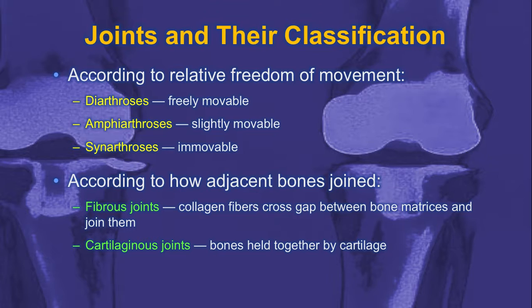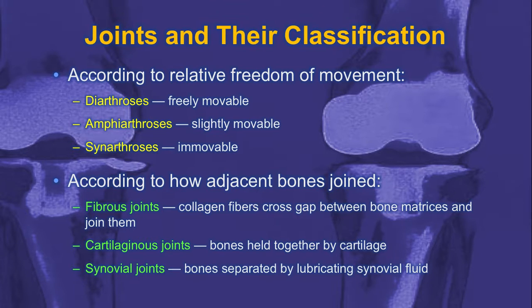Cartilaginous joints are held together by cartilage, and synovial joints have a synovial fluid, and a synovial cavity. Okay, so these are pretty straightforward, right? Their definitions match what they're called. Just to point out, the fibrous joints, the fibers that are holding them together are collagen fibers, which we know is all about strength, right?